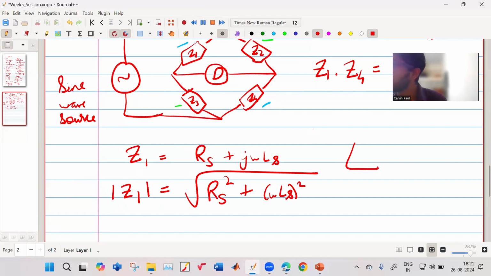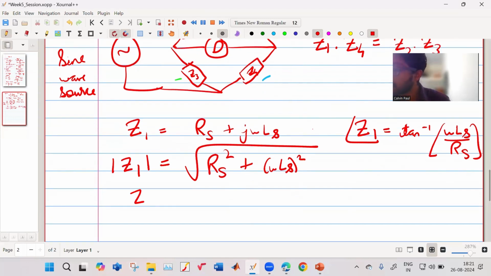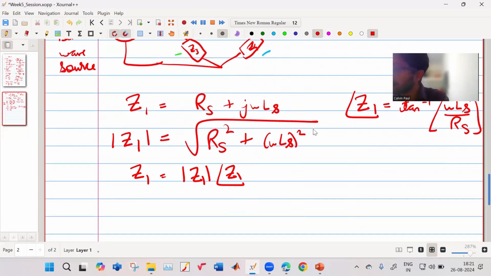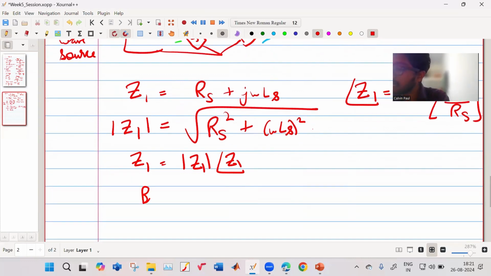What is the angle of Z1? The angle of Z1 is the tan inverse of the imaginary part over the real part, that is omega Ls upon Rs. So Z1 can also be written as magnitude of Z1 and angle of Z1. Now, for the balance condition, there are two things that have to be satisfied.